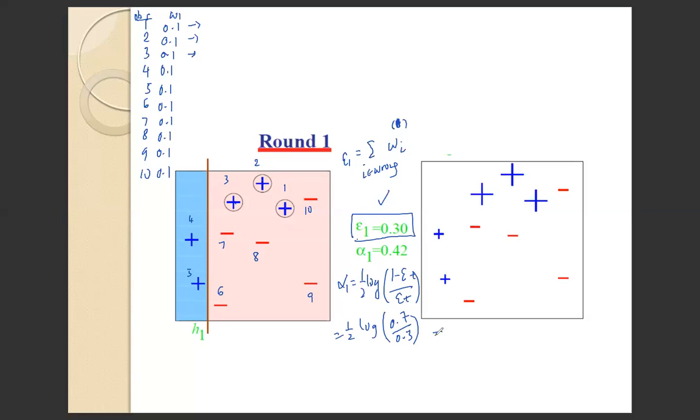Can somebody calculate this? Check whether it's equal to 0.42? Not really. 0.183. Oh, 0.184, yeah. Log or ln? Log base 10. No, that's log base e.